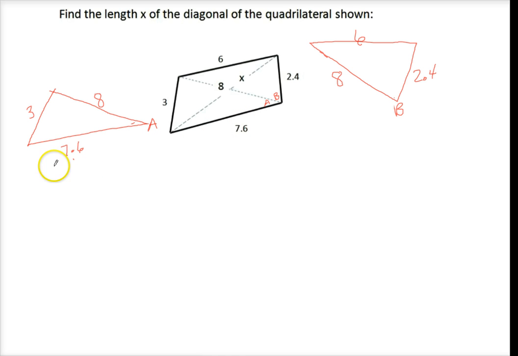So let's start with this left-hand piece. I have angle A, so according to the law of cosines I start with the side opposite that, which is 3.